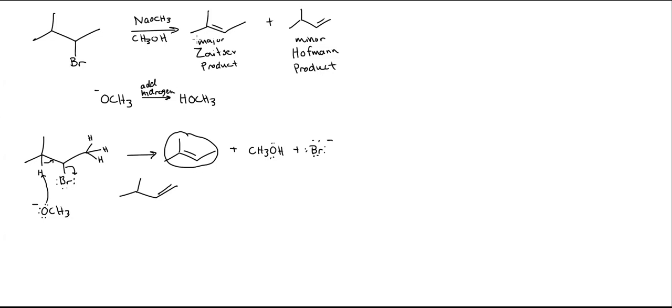So hopefully that makes a little bit of sense whenever we look at this. So again, with a non-bulky base in E2, we are going to get Zaitsev product as major, Hofmann product as minor. So now you may be asking yourself, is there a way that we can get the Hofmann product to be the major product? There is. So let's take a look at that next.